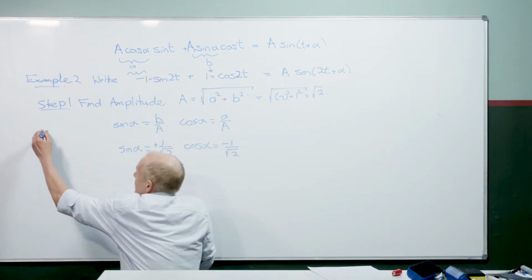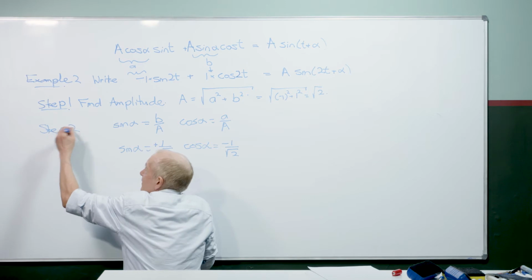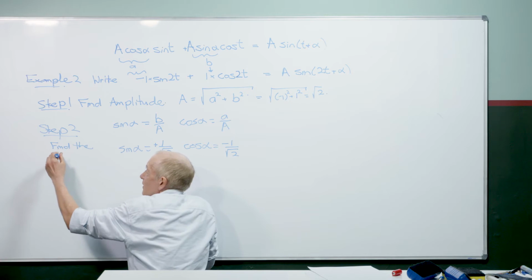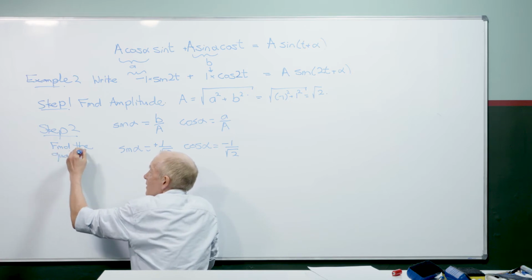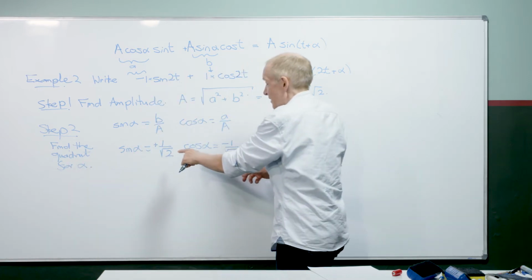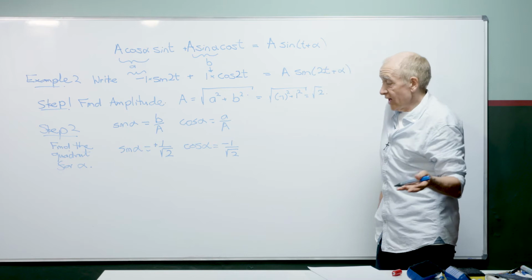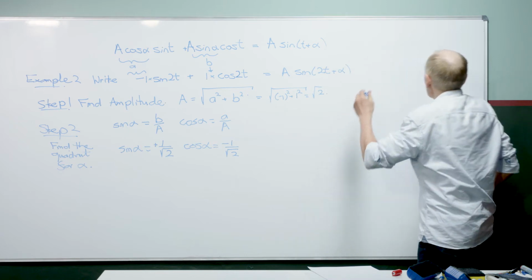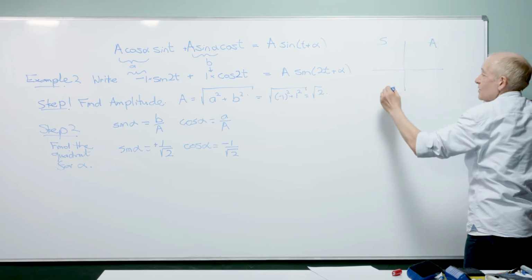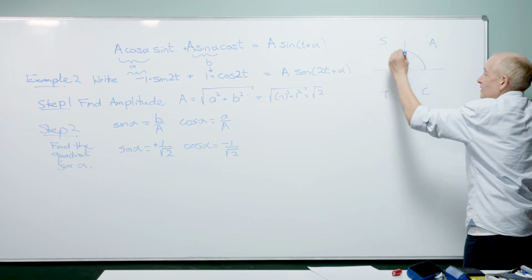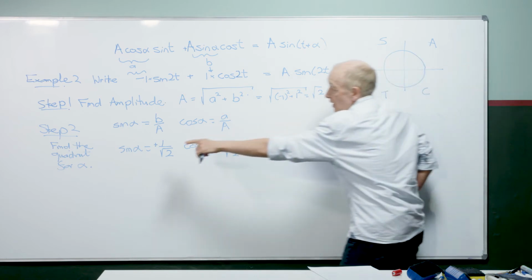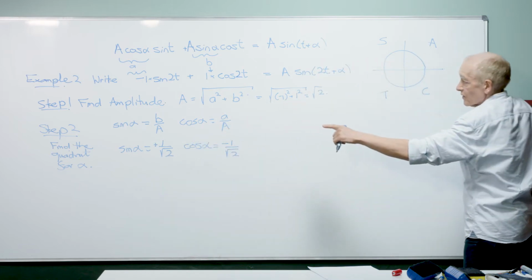So step 2 is to find the quadrant for alpha. And I'd like you to do this as a separate step before going straight into trying to find alpha. So using our usual all stations to central mnemonic, or whatever mnemonic you want to use, we know that sine is positive, cos is negative.